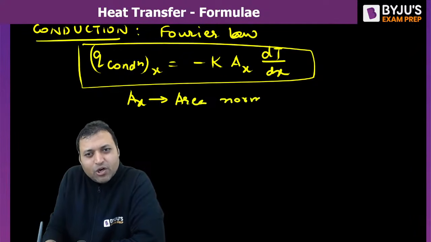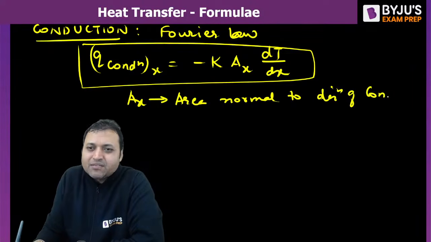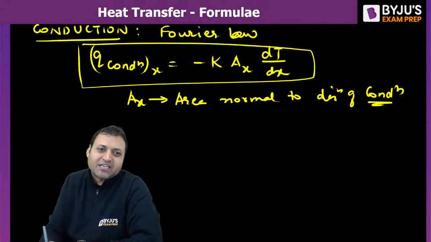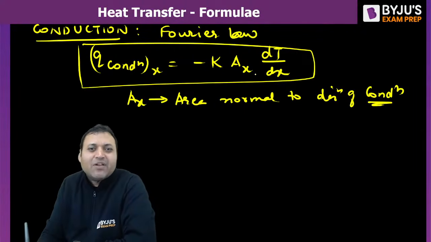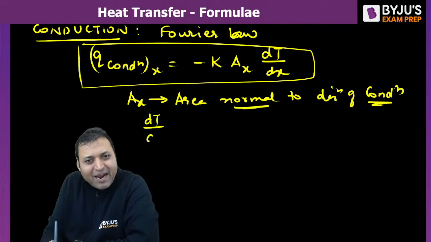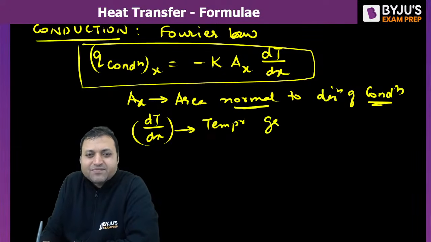Area normal to the direction of conduction, very, very important. It is always the area which is perpendicular to the direction of conduction. If the conduction is in x direction, A will be the area perpendicular to x direction, normal. And dT by dx is called the temperature gradient in x direction.